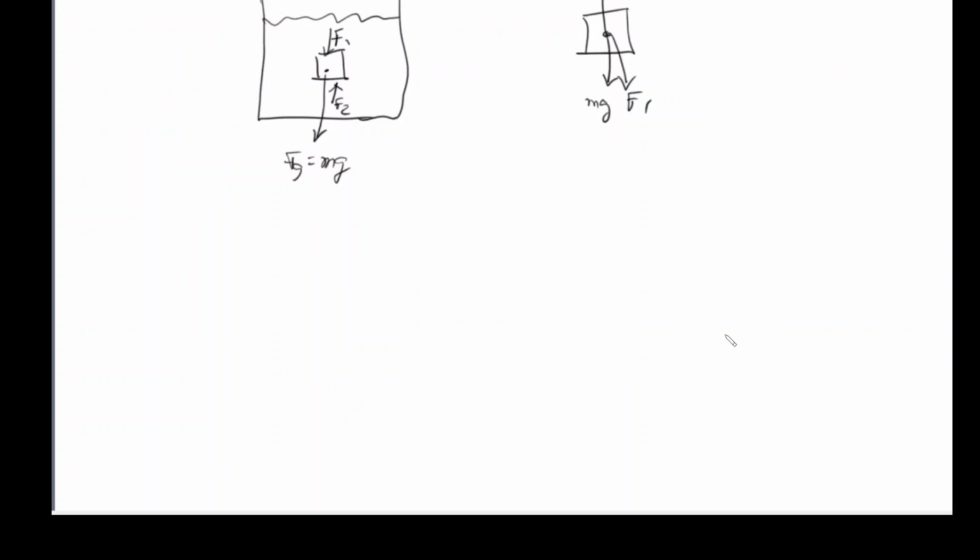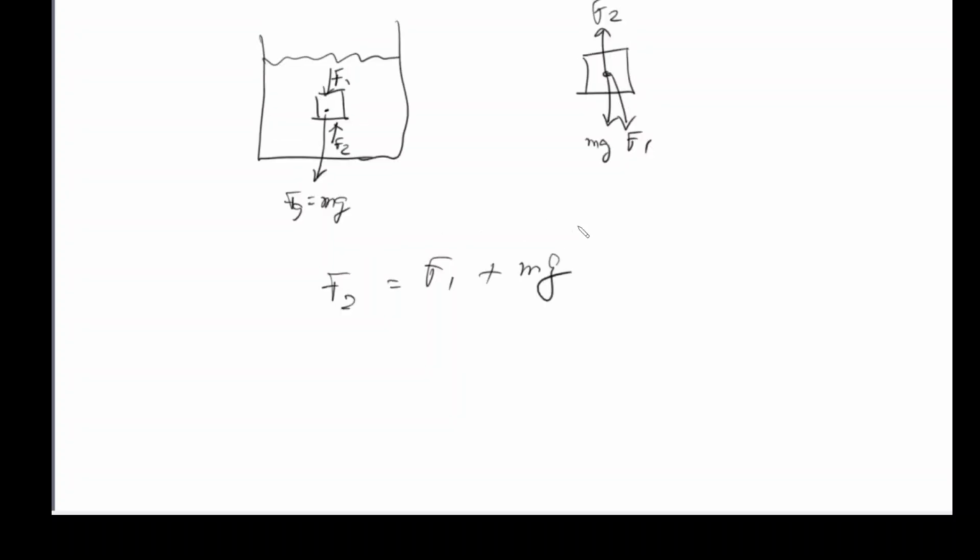Now, this sample of water is in static equilibrium, so that means that force 2 has to equal force 1 plus the weight, so we get no motion. If we put in the definition of force, that would be pressure 2 times the area equals pressure 1 times the area plus the mass of the water sample times g.